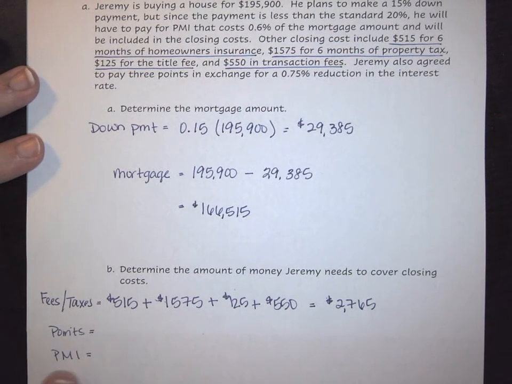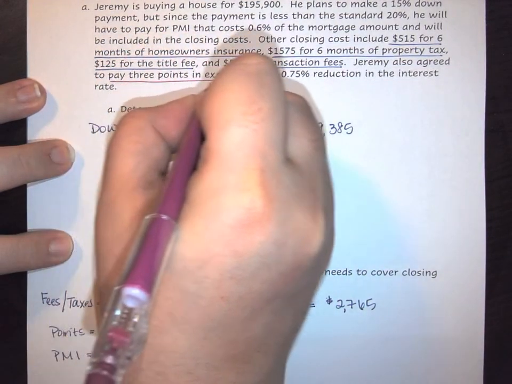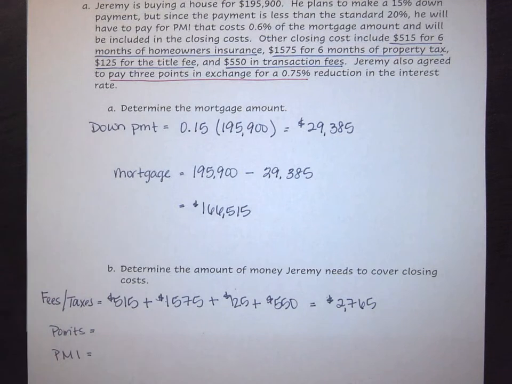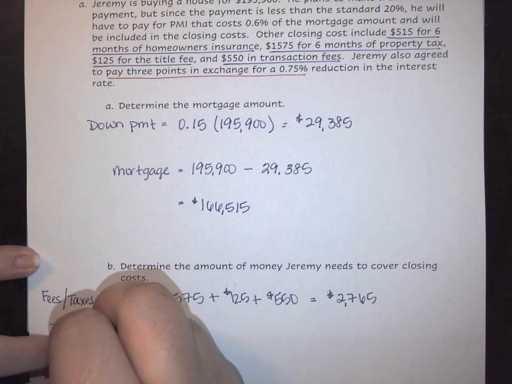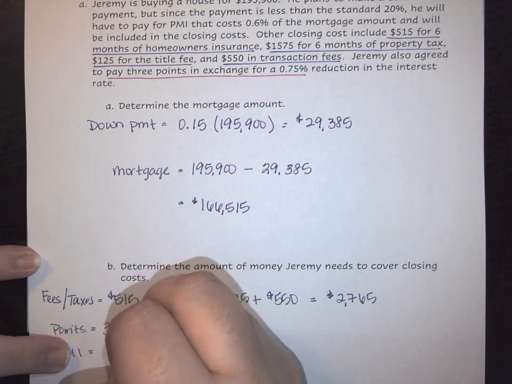Now the second part has to deal with points. So here, one of the things that we have is that you're going to pay 3 points in exchange for 0.75 reduction. Okay. So we have that we're going to do 3% of the mortgage.